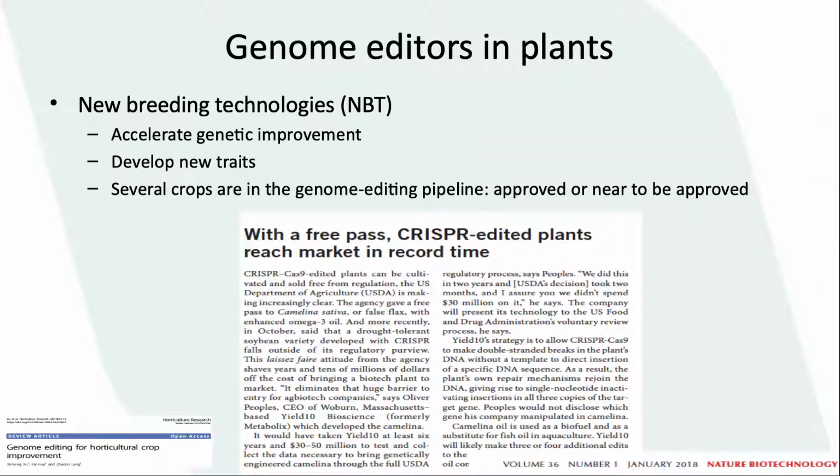There are several examples of crops and yeast in the pipeline. Some of them are already approved, others are near to being approved. We find these examples in the US, and even here in Brazil, there are yeasts, for instance, for alcohol production, and also crops.